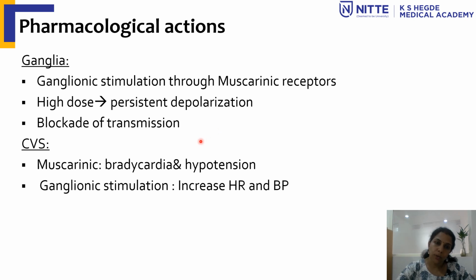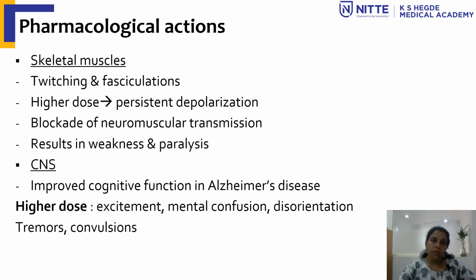In the cardiovascular system, it can cause bradycardia and hypotension, mediated through the muscarinic receptors. Ganglionic stimulation can lead to an increase in heart rate and BP also. In smooth muscles and glands, there will be stimulation, for example in the GI smooth muscles, and the skeletal muscle will show twitching and fasciculations.